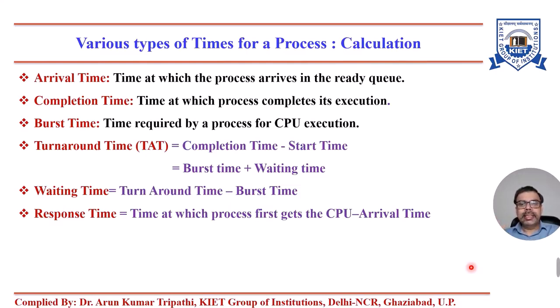Then 6 seconds is the waiting time for that process, which may be spent in the ready queue, or in input output waiting, and so on. Next one is the response time. It is basically the time at which the process gets its first response from the CPU minus the arrival time when it arrives.